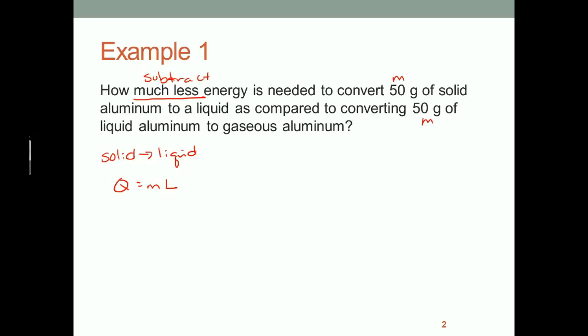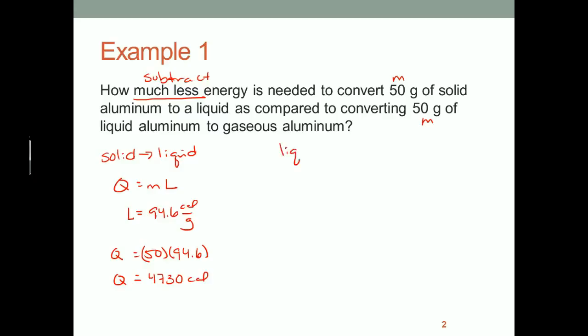For aluminum, when you're going from solid to liquid, the latent heat is 94.6 calories per gram. So Q equals 50 times 94.6, which is 4,730 calories.